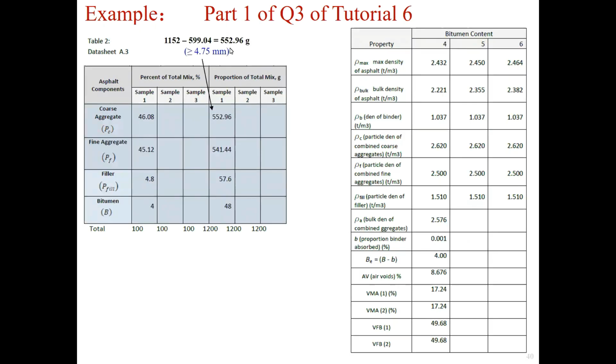So the weight of coarse aggregate is 552.96 grams. If we divide this value by the total weight of 1,200 grams, we get the PC value of 46.08 in percentage. Similarly, we could work out the PF and PFill. For the rest of the table, we could make full use of the formulas we learned in this lecture to get all these values.